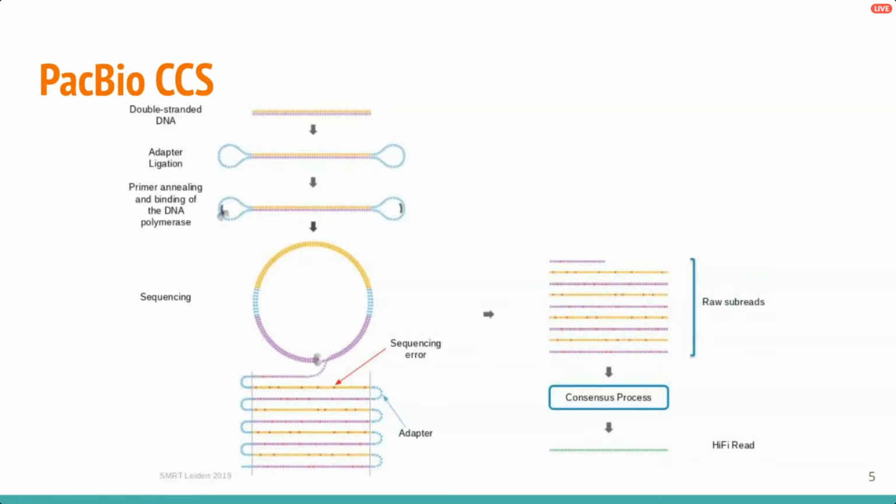Of course, PacBio has a very high error rate, so you get a lot of errors in each fragment. But since in PacBio errors are distributed randomly and uniformly, there are no biases like homopolymers and such. You get random errors, and just using consensus, you can correct them and obtain a very high quality read. And as they claim, the error rate is even lower than in Illumina reads.